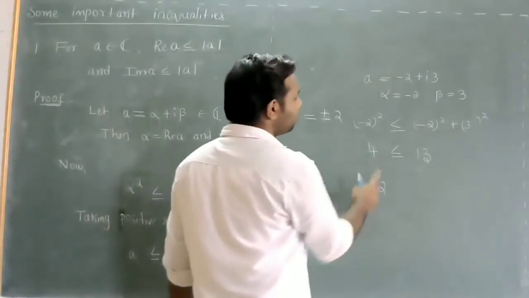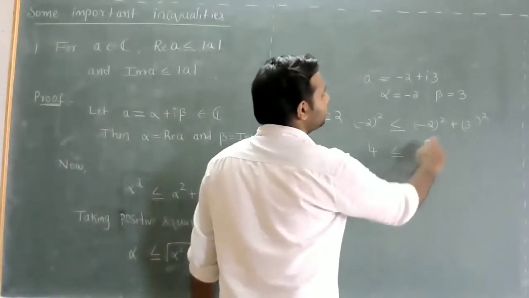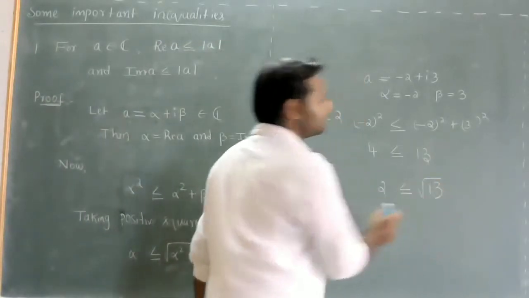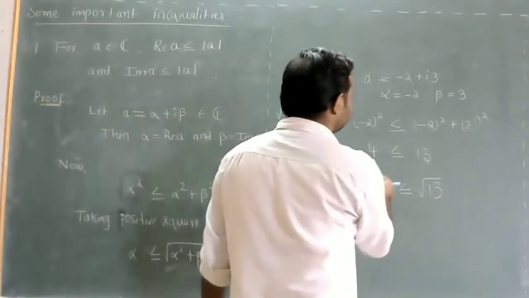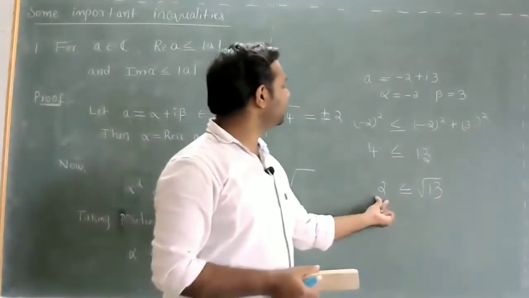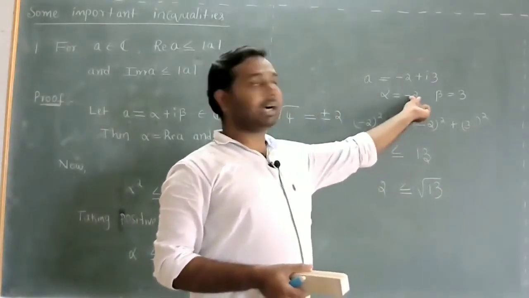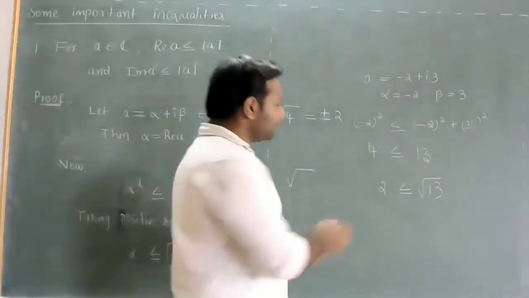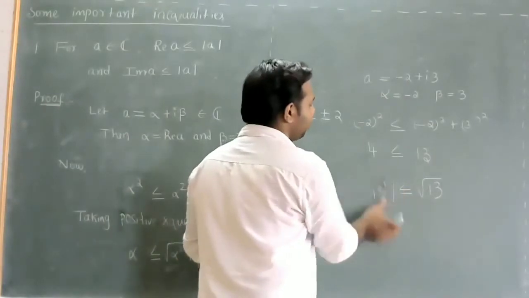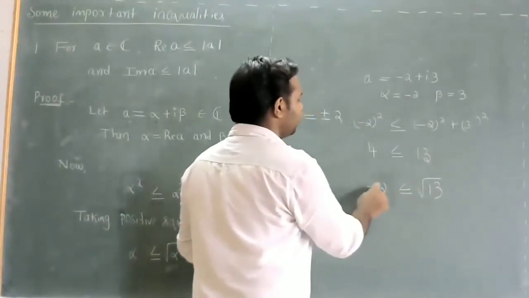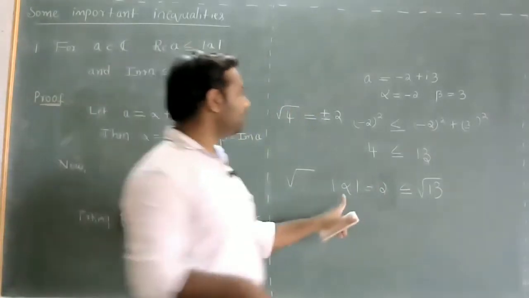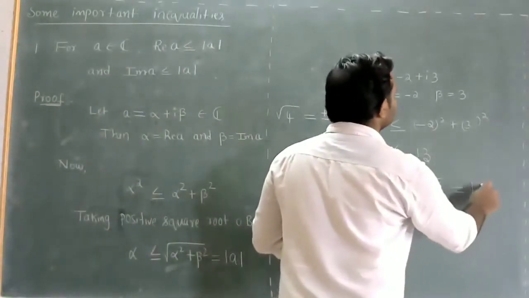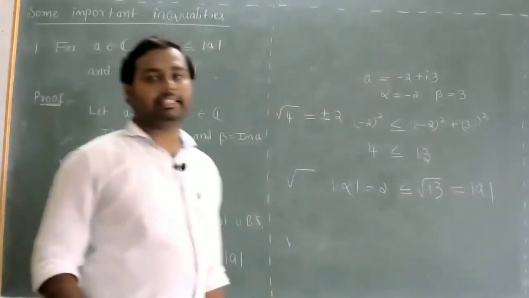So the positive square root of 4 is 2 and the positive value of the square root of 13. What is this 2? Since alpha is -2, the 2 is nothing but the modulus of alpha. And this is nothing but the modulus of A.